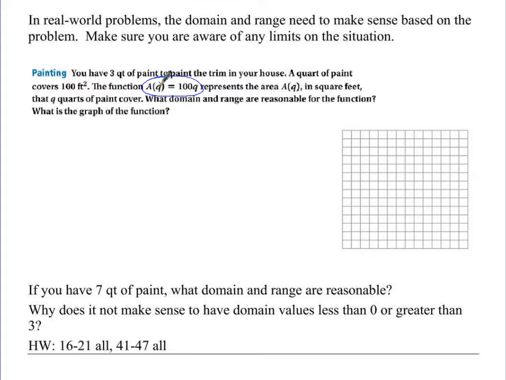Really? You only have 3 quarts. So can I paint as much as I want? You could say yes, as long as I'm between 0 and 3, right? Okay. And we've seen that sort of notation before. The number of quarts that I use has to be between 0 and 3. That's the domain.